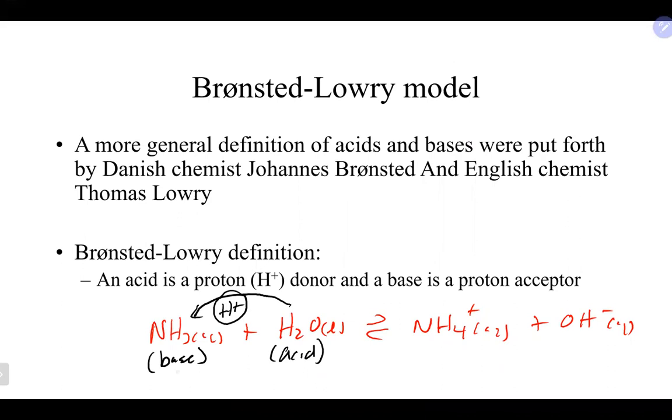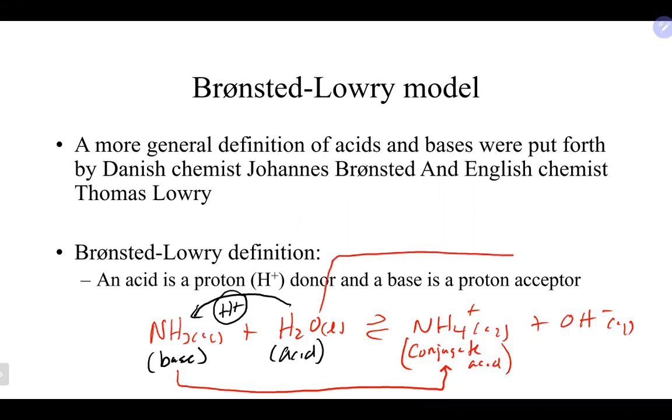The base on this side, its partner on the other side is known as the conjugate acid. And the acid on the other side, its partner is referred to as the conjugate base. So what is the relationship between the one on the left-hand side of the arrow and the one on the right-hand side?